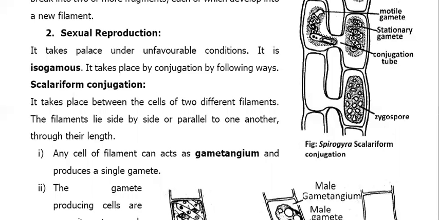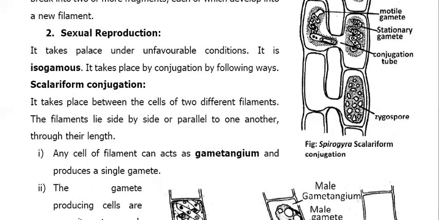Conjugation is the bridge formed between two gametes, from where the DNA material is transferred from the male to the female cell or structure. This is known as conjugation. It is isogamous. It takes place by conjugation in the following ways.